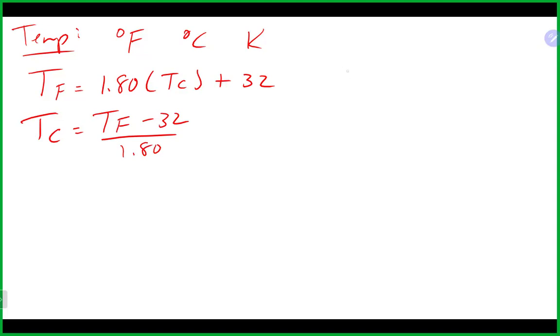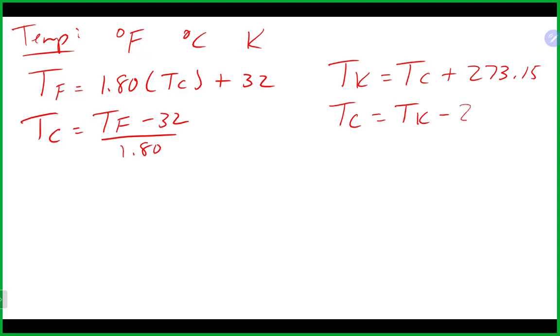If we want Kelvin, that is the temperature in Celsius plus 273.15, and they do want you to use the 0.15 here. Also, if we want Celsius and we have Kelvin, it would be Kelvin minus 273.15.